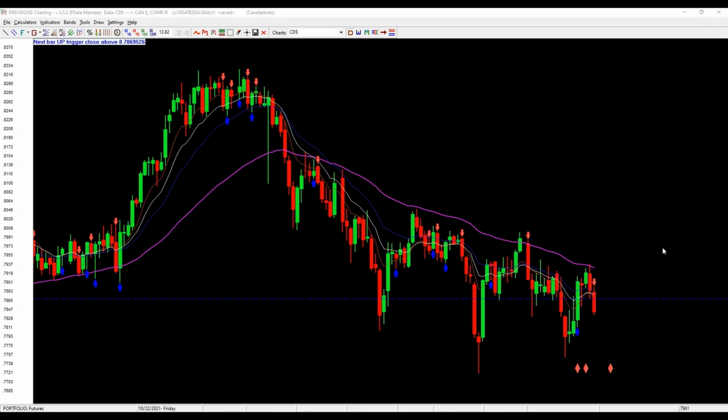So as we're going to be looking for the Canadian dollar futures to likely go bullish here real soon, well, that would be the opposite for the USD/CAD, which we would be expecting to start turning down here really soon.